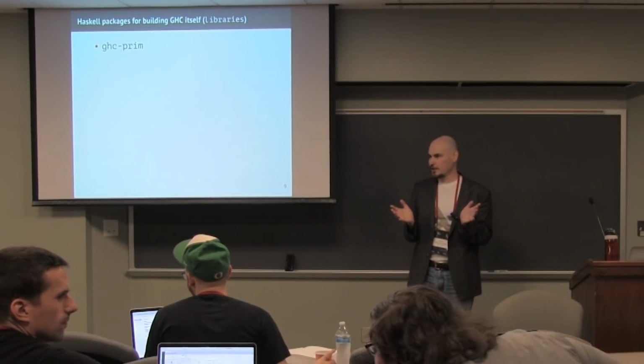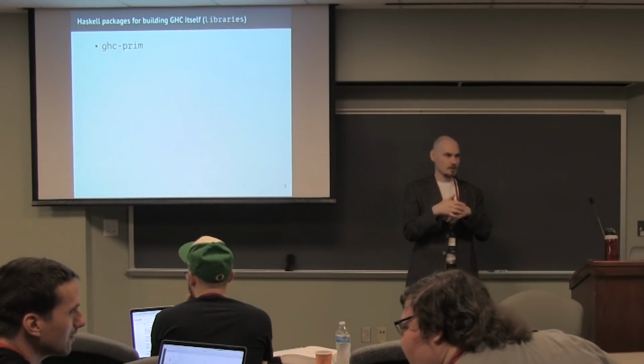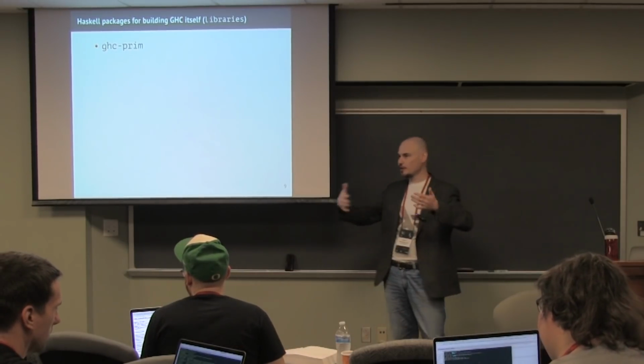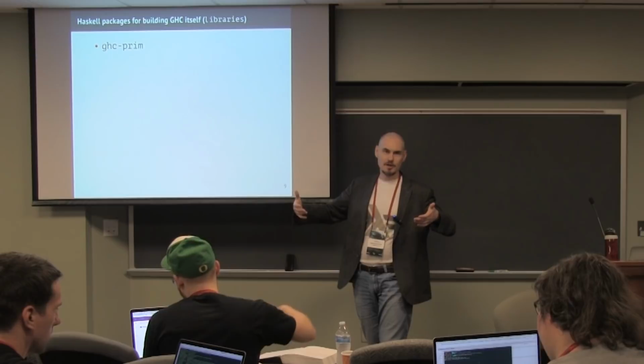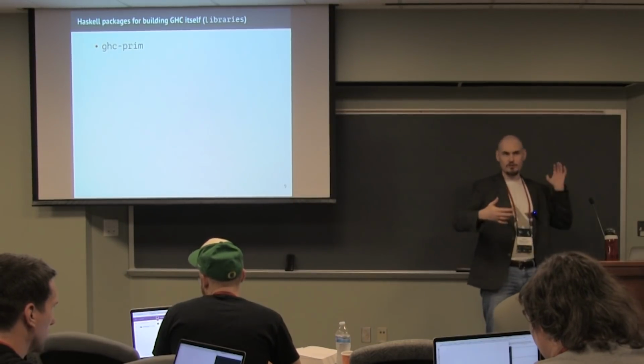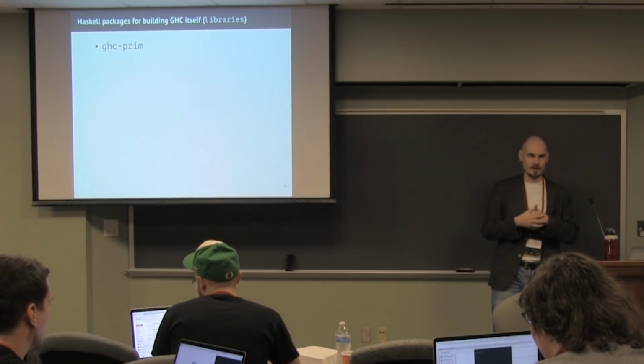But in the very beginning, you have no libraries, because to get a library, you need to compile it. And in the very beginning, there is no compiler at all. So you cannot use something which is not available yet. So you have to think about it when you implement a compiler.